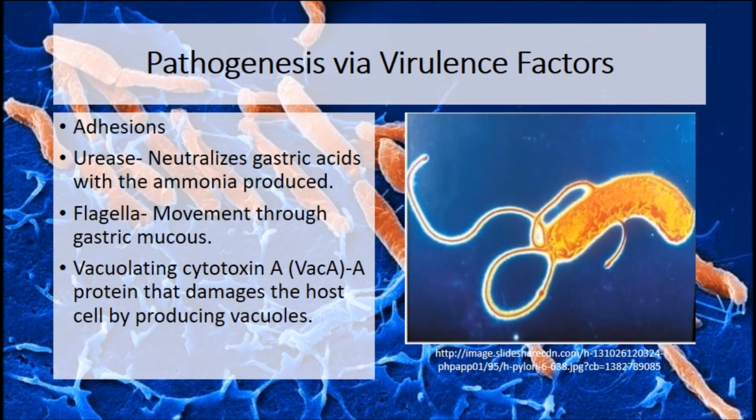Also, they have flagella, and this flagella is a great virulence factor for this organism because it produces movement through the gastric mucus. And also vacuolating cytotoxin A, which is a protein that damages the host cell by producing vacuoles.